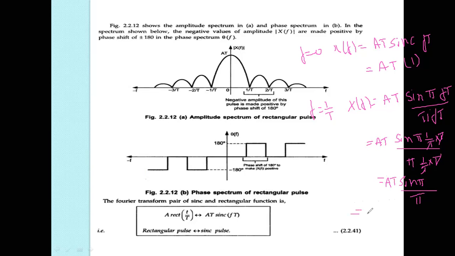L'Hospital rule. A, what is the derivative of sine? Cos pi. And pi is equal to 1, my dear students. Sine theta by theta, the derivative of sine theta is cos theta and the 1. Okay.